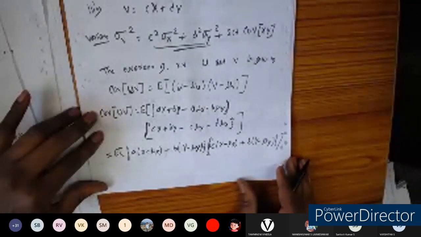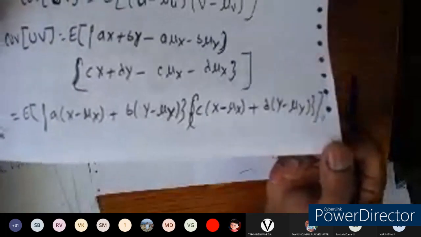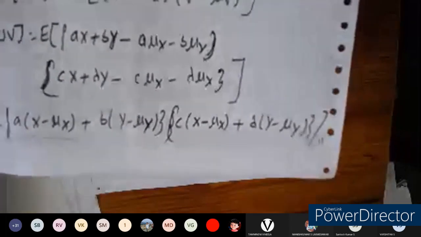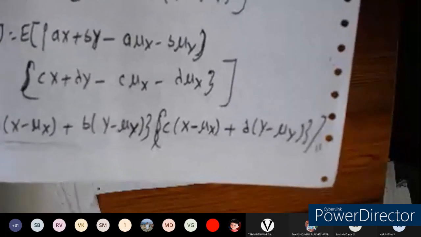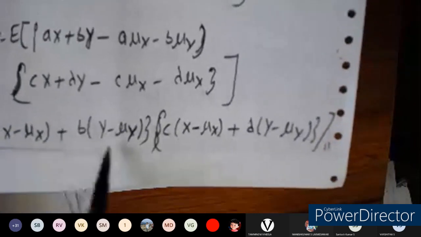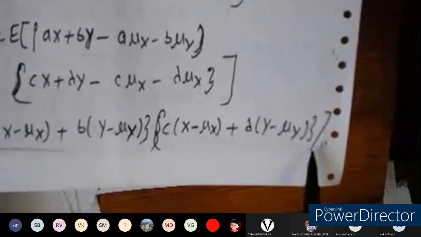So we have a(x minus μx) plus b(y minus μy) as one group, and c(x minus μx) plus d(y minus μy) as the other group. Here we have the expectation of this, which is something in x and something in y.